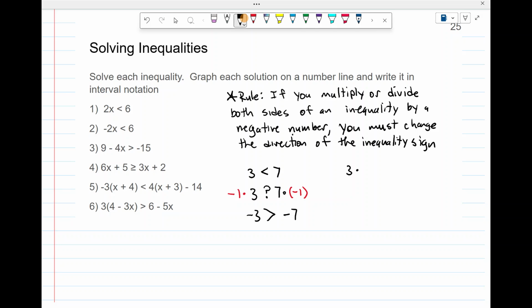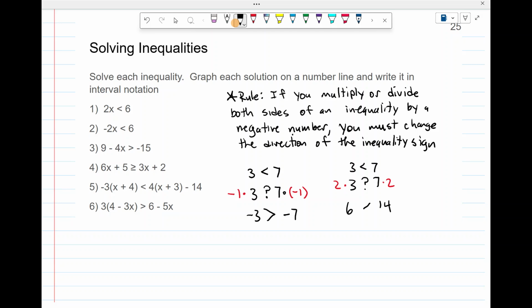Notice if I multiplied by a positive number in this situation, like if I start with 3 is less than 7, and I multiply both sides by 2, I'll put a question mark here. 2 times 3 is 6. 7 times 2 is 14.